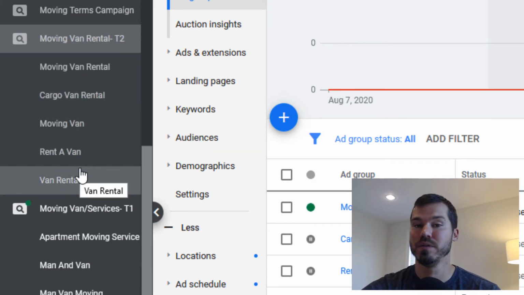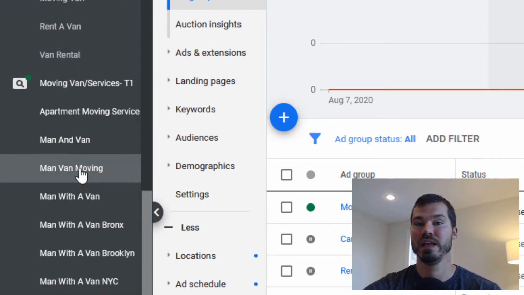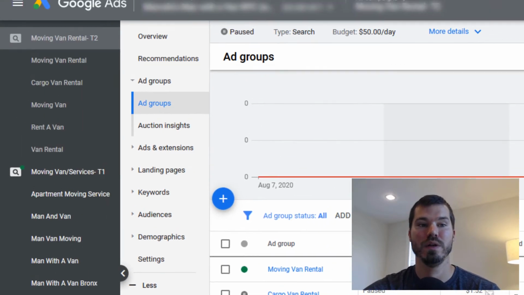These could be people looking for moving help, but they're actually just searching for a van rental. They might just be looking for a vehicle, in which case they wouldn't be a great fit for this client. While we might go after those if we feel like we need more volume, we want to spend our money first on the T1 campaign. So that's why we separate it.